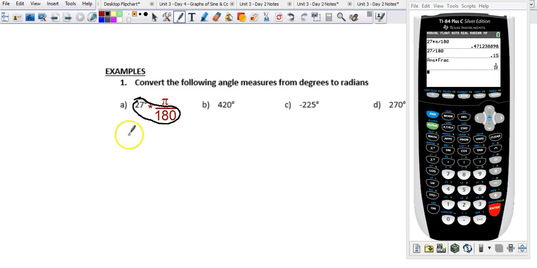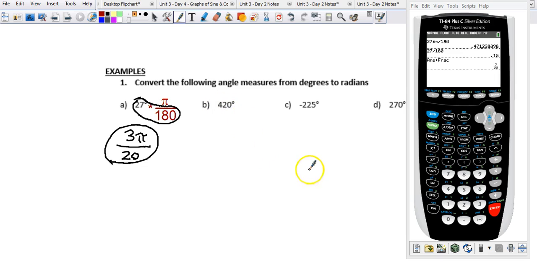And 27 divided by 180 reduces to 3 over 20. Now, where does the pi go? You just write it. So you put the pi on top of the fraction, and we're going to call that 3 pi divided by 20. So divide the numbers, reduce the fraction, put the pi on top.